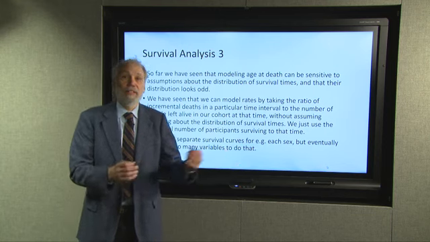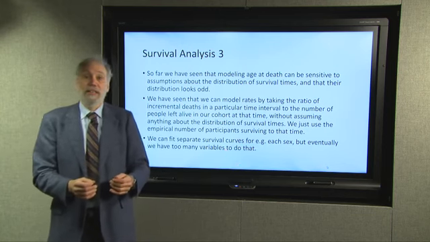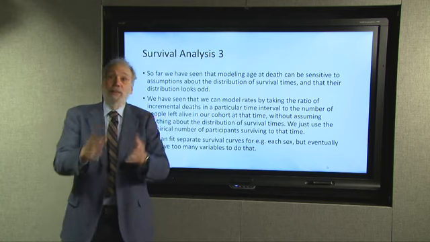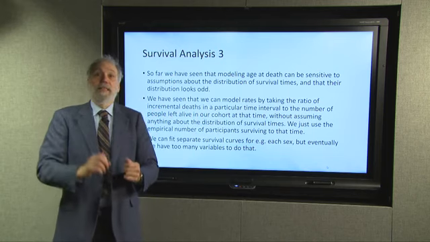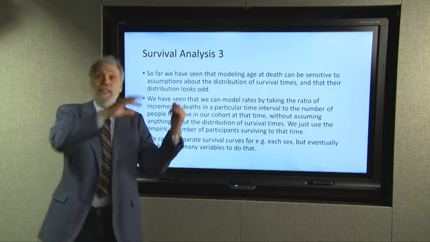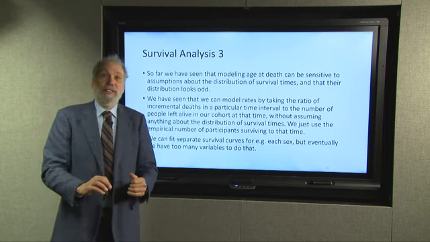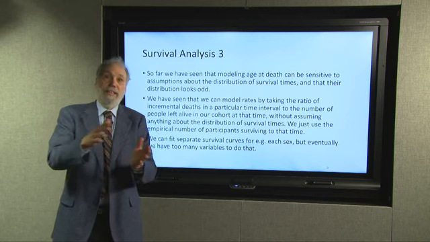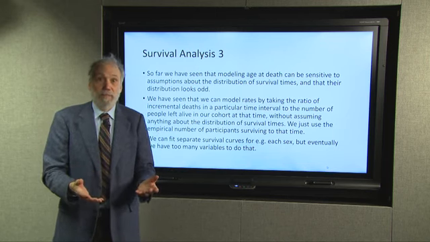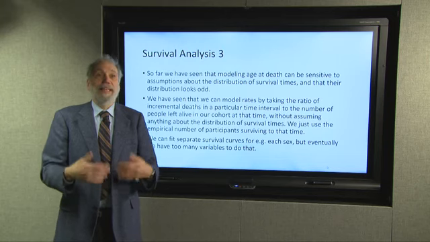We can use these Kaplan-Meier curves, and we could stratify our data. We could take men and women and fit separate curves, and instead of Kaplan-Meier curves, we could smooth those curves if we wanted to, and we could see that the survival curve for men and women are different.